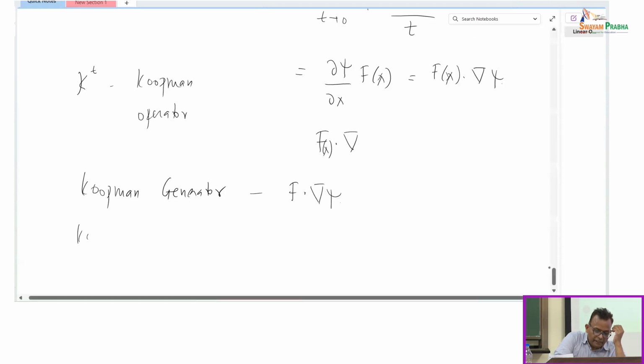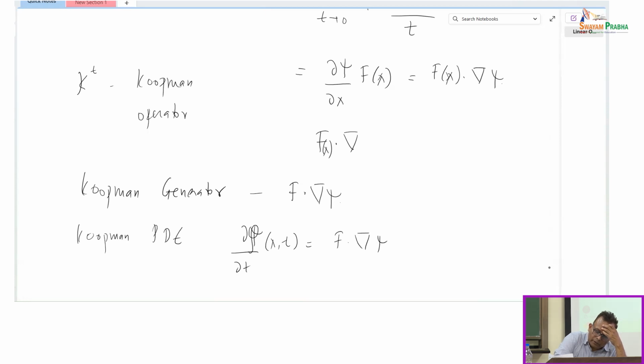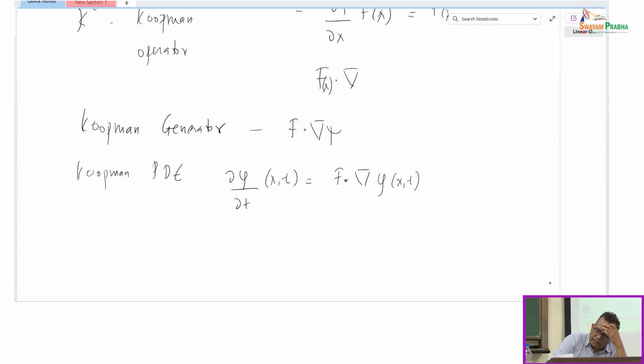So you can also write a Koopman PDE, which is basically partial psi partial t of x, t equals f dot del psi. Let me use some other phi here, so as not to confuse. So what does this tell you?